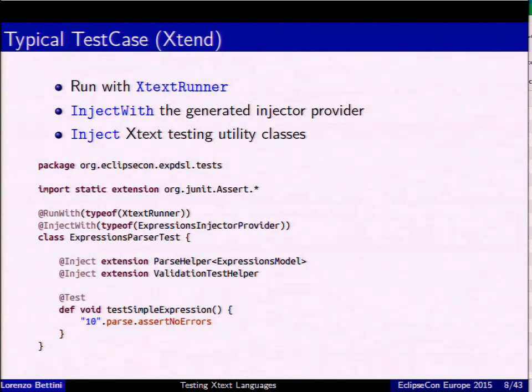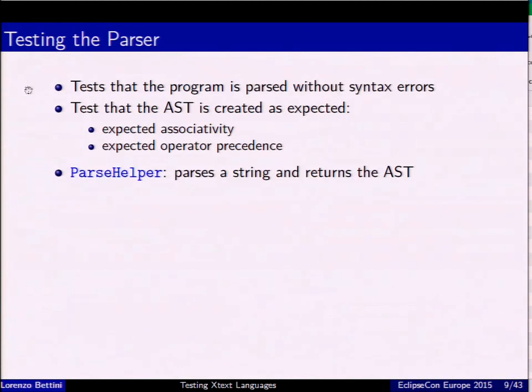So first of all, you have to use this JUnit Xtext runner. Use the InjectWith annotation using one of those injector providers that Xtext generated for you. Then you can inject some utility classes that are found in the Xtext testing framework. So testing the parser, what does testing the parser mean?